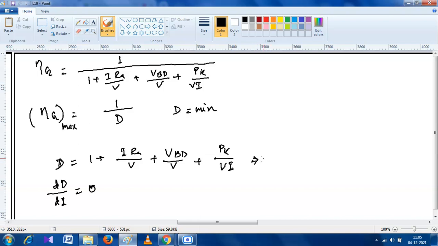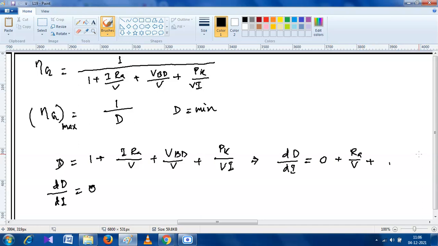So after taking the derivative, what should it be? What is the derivative of 1? 0. Good. Plus Ra by V is constant, and what is the derivative of I with respect to I? 1. Good. Then what is the derivative of VBD by V?